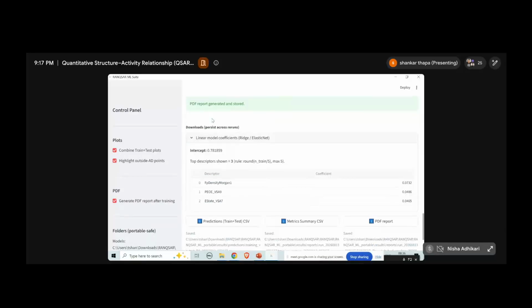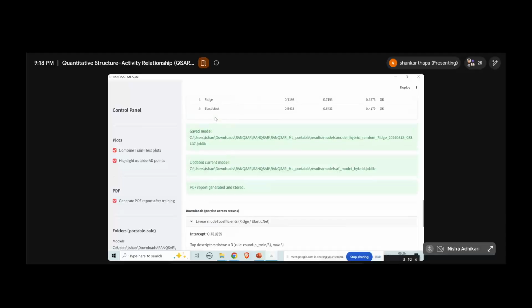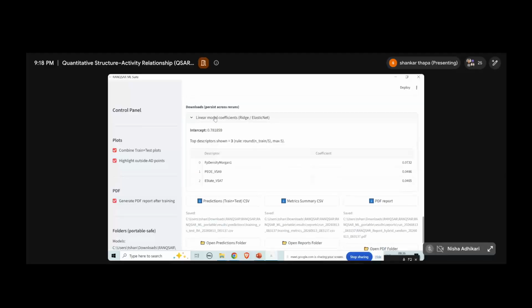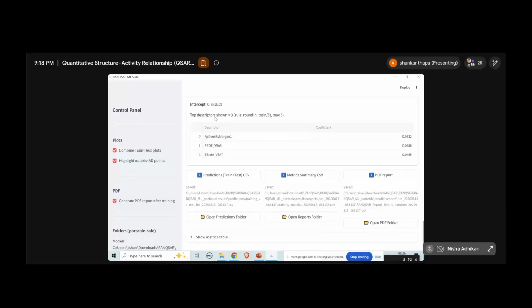Okay, so where can we get the results? If you go down, here you can find predictions of training and test sets in CSV format, or summary CSV, or PDF reports. If you click the PDF report, it will generate the PDF report. To get it, you just go here, open folder.